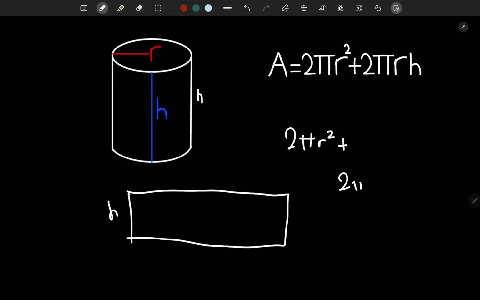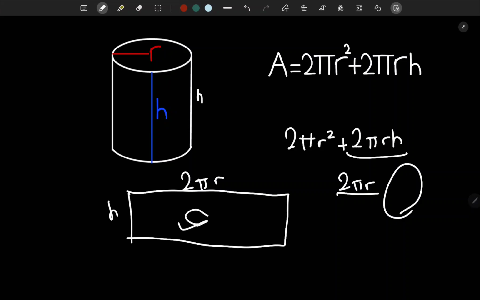It is just 2 pi r, right? And you get the entire circle. Since we need to find both the length and the width, we got the width as h, and we need to find the length now. So the length here is simply going to be 2 pi r, and that's how we get the formula. So it's just 2 pi r h, and that is the area of this rectangle.